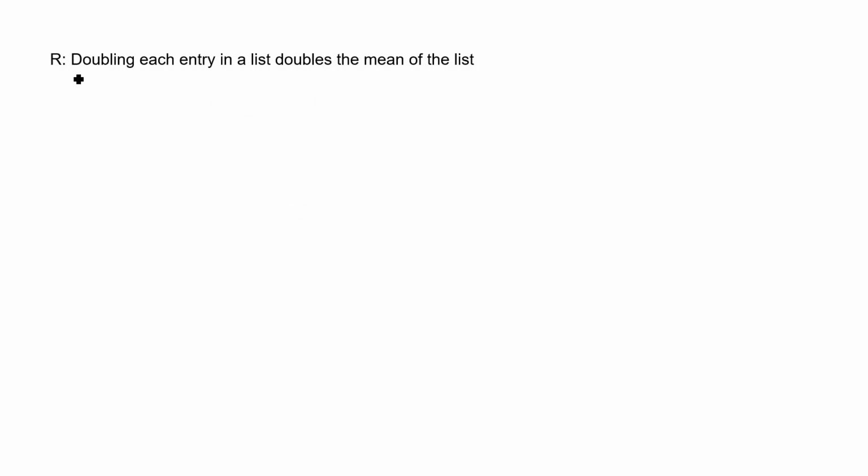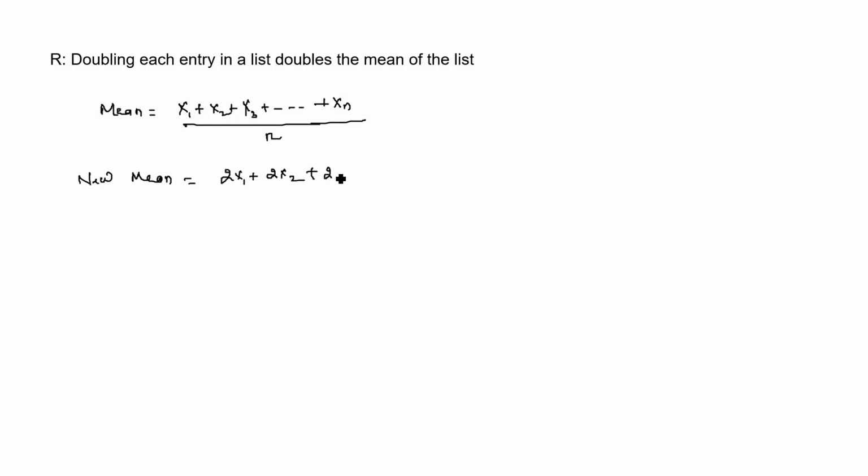Now the next statement is: doubling each entry in a list doubles the mean of the list. Let us check. The mean is x1 plus x2 plus x3 up to xn divided by n, the average of the numbers. If we double each entry, the new mean is 2x1 plus 2x2 plus 2x3 up to 2xn, divided by n.